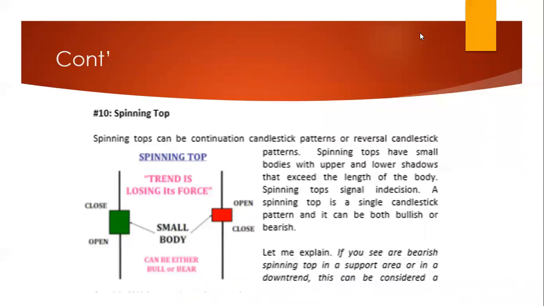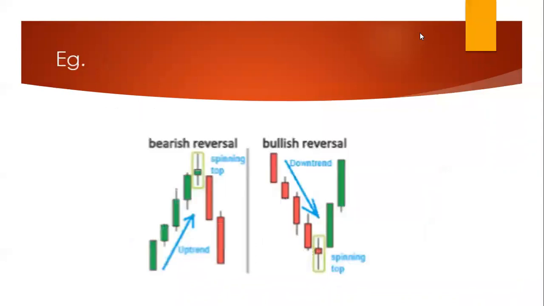Start looking for exits if you're already in a buy. If you're already in a long position, start looking for shorting opportunities. These are some examples of spinning tops in bullish and bearish trends.